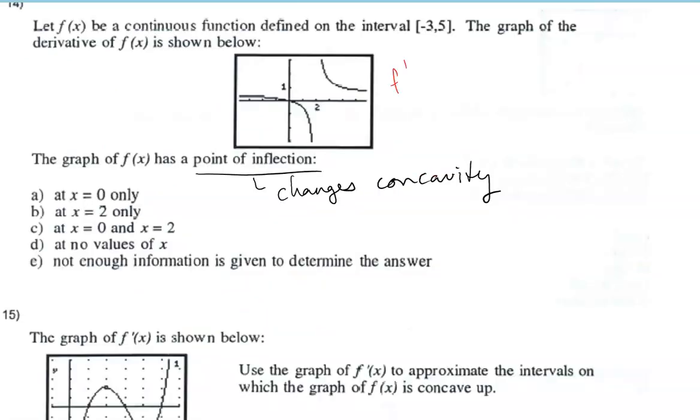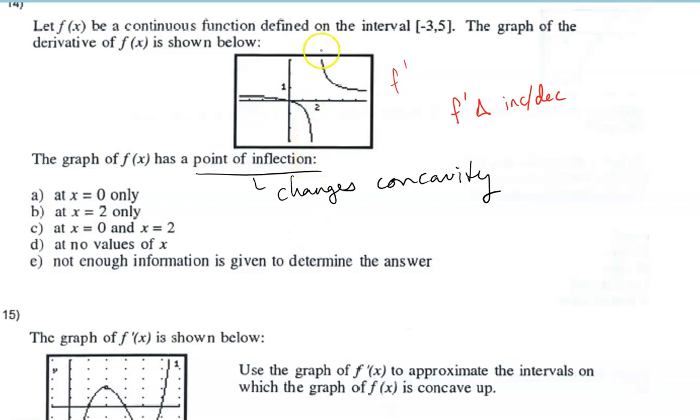So if we're looking at the graph of f prime, we want to know where f prime changes from increasing to decreasing, or vice versa. Okay, and I'm just using a delta for change, a little triangle for change. You're welcome to write the word out if you'd like. All right, so where is f prime changing between increasing and decreasing? Well, looks to me like this is decreasing, decreasing, decreasing, okay?